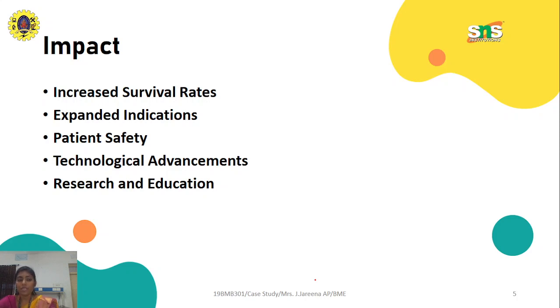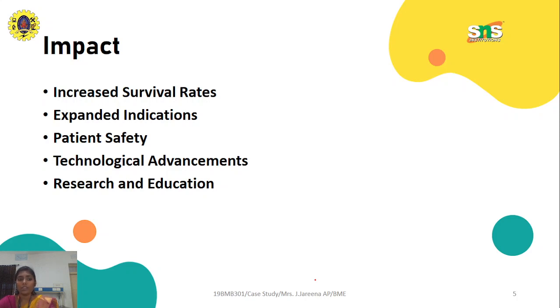If you use the heart lung machine, since it takes over the function of the heart and lungs, the heart becomes empty without blood, so it is easy for doctors to operate without tension or complexity. Doctors also gain confidence, so the success rate increases, and automatically the survival rate also increases. That is one impact of the heart lung machine.